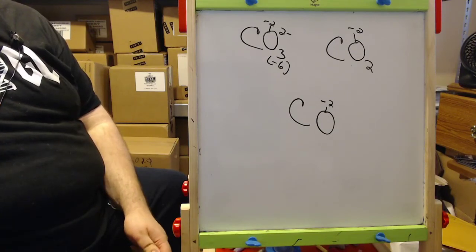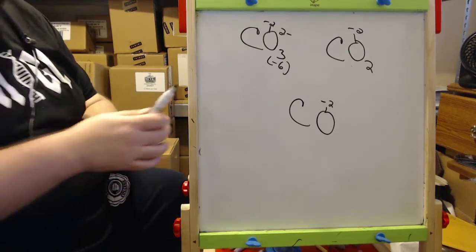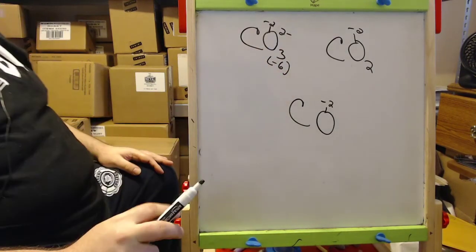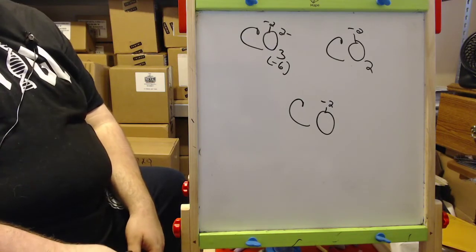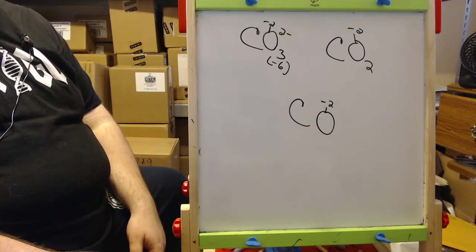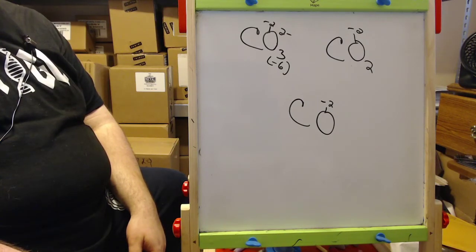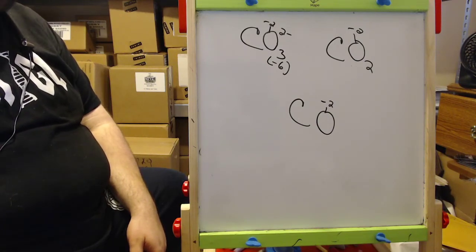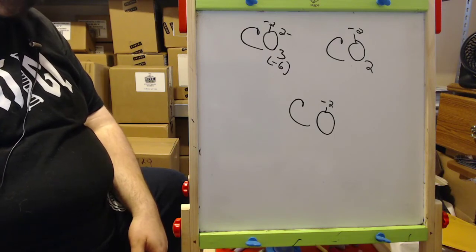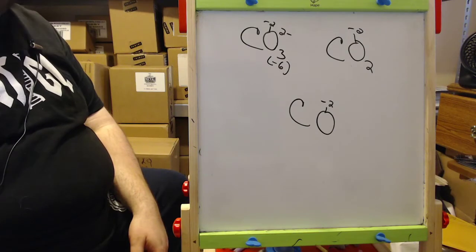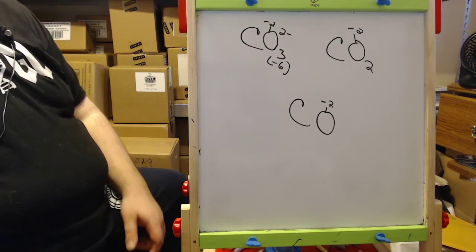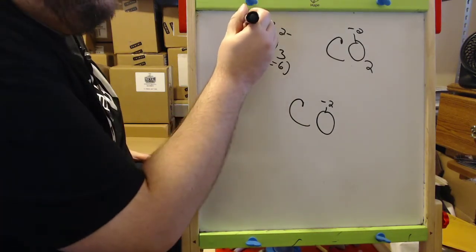I need carbon's oxidation number when added to this number down here to give me -2. So what does carbon have to be? We got it. +4.